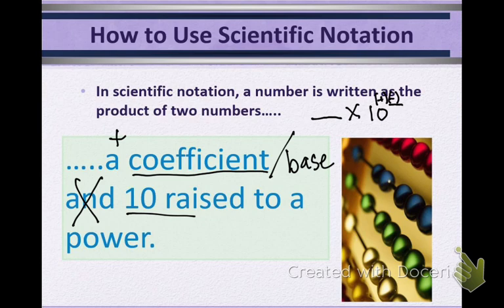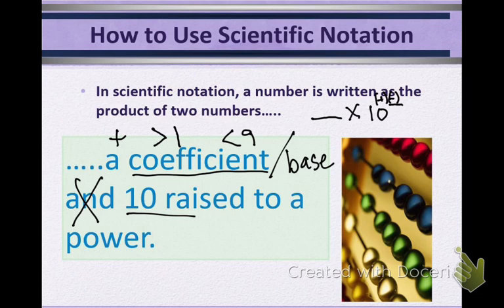And that coefficient number should always be greater than 1, but less than 9.